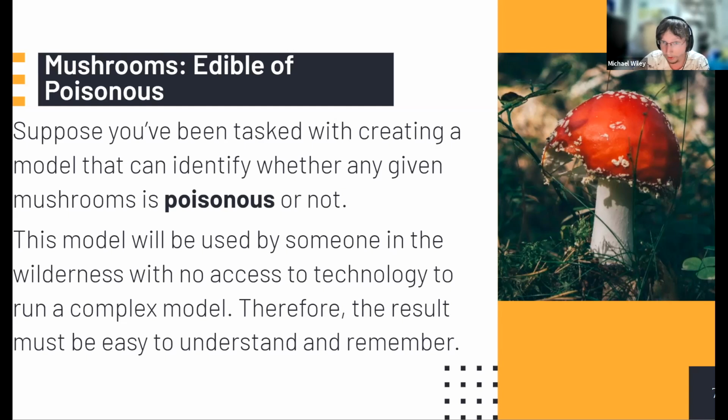I want to know why a certain mushroom is edible or poisonous. Why? Because if I go out into the wild, I need to know it. Any random mushroom that I find, I need to know if I can eat it or not. And I'm not going to have my neural network in my pocket to tell me. So it's always good to keep that kind of thing in consideration for certain types of problems.